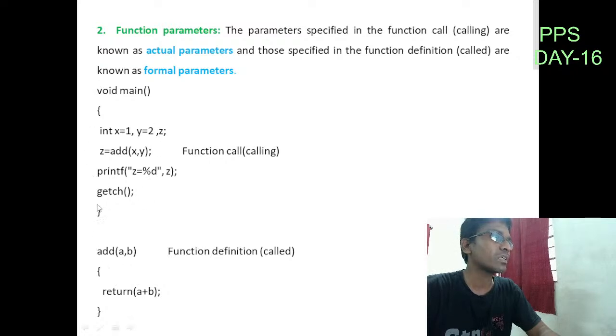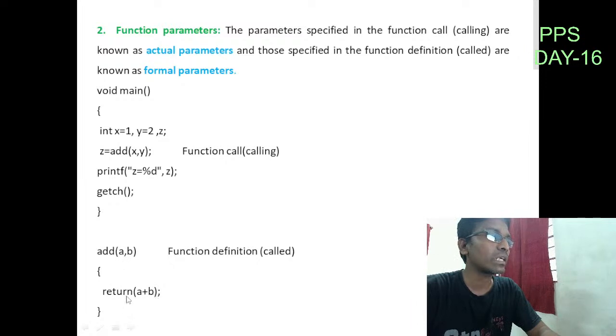After the end of the main function, I write the add method, and I pass two arguments. These arguments are called formal arguments, and after that, in the function definition or called function, you can use the return statement: return a plus b.